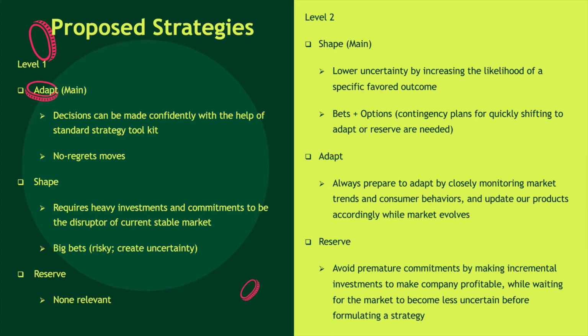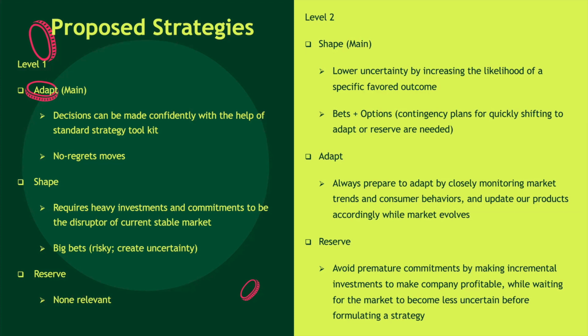As for the proposed strategies, under level 1 of uncertainty, we choose to be the adapters as our main posture because the market is very stable at this stage. Decisions can be made confidently to generate a positive outcome. We utilize no regret moves as an adapter.